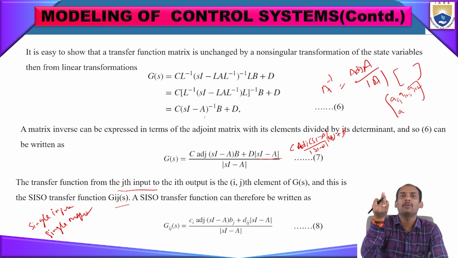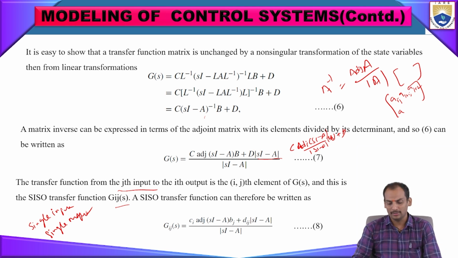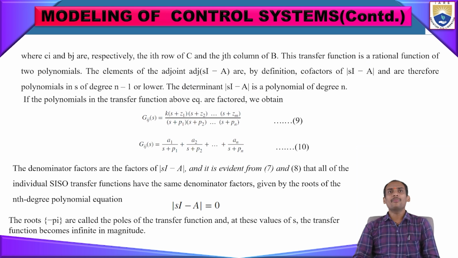The ith term will be Ci only. So the total function will be Ci of adjoint of Si minus A of Bj plus Dij Si minus A by Si minus A, where Ci and Bj are respectively the ith row of C and jth column of B. Like I said, the ith row and jth column of B.